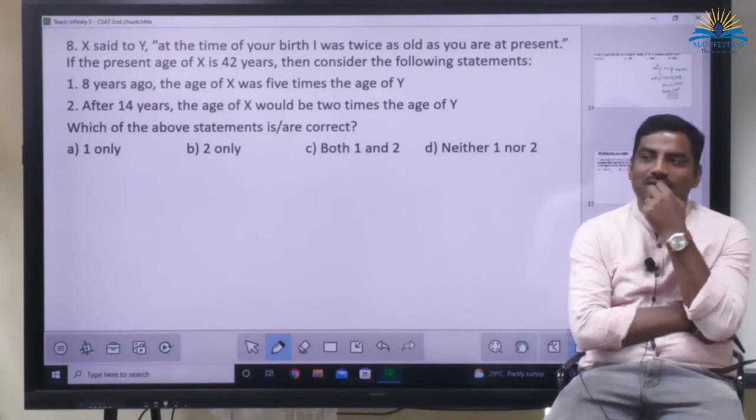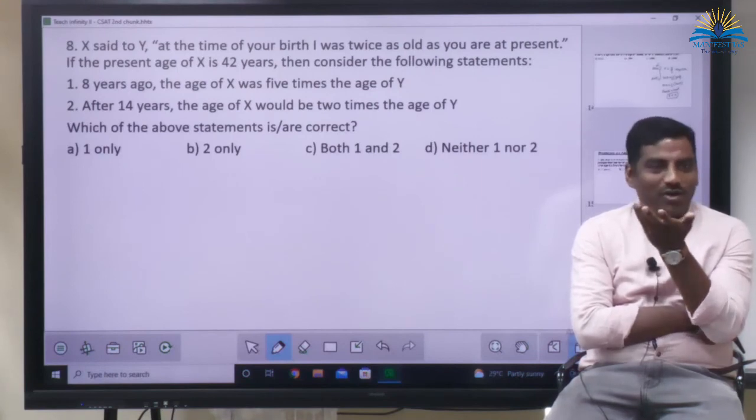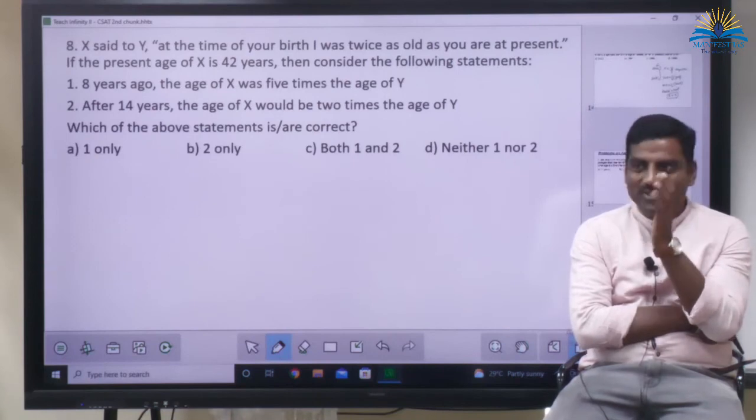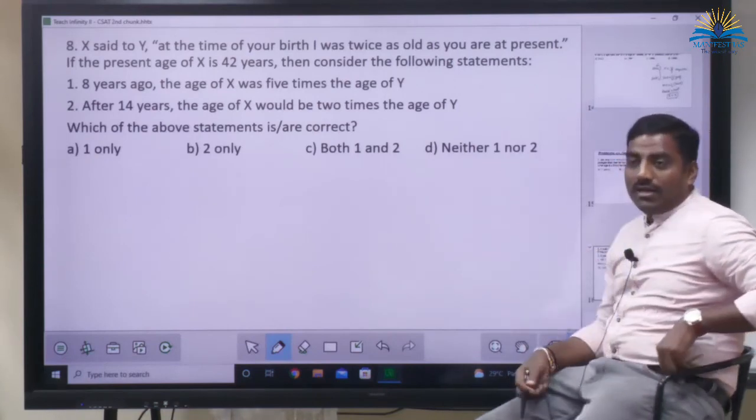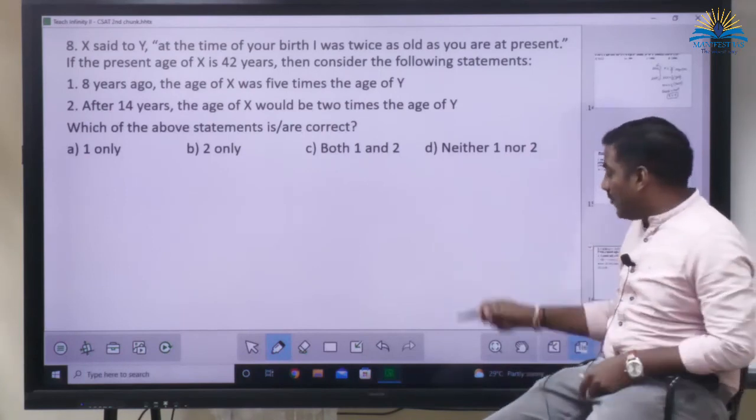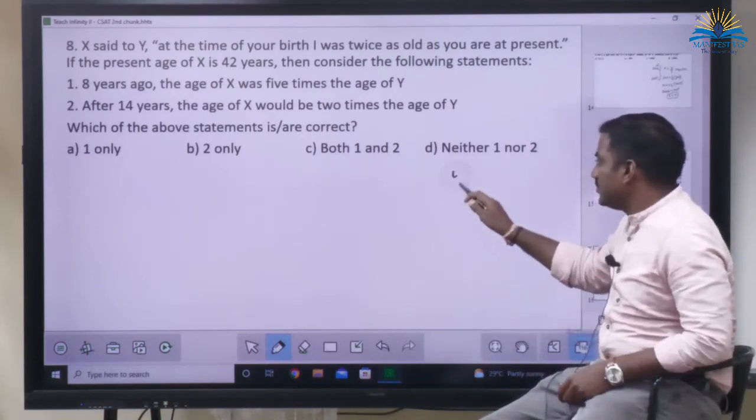Sure. Yes. 1 day old at the time of birth. 1 second. 1 microsecond. So that cannot be determined. Yes or no? But we take, at the time of birth of Y, the age was 0.